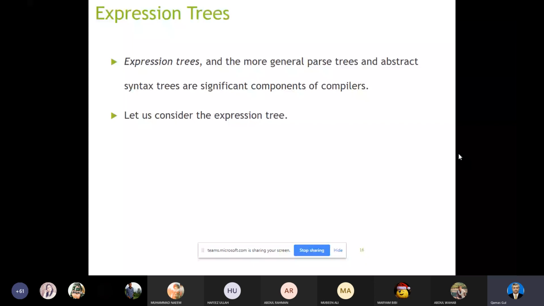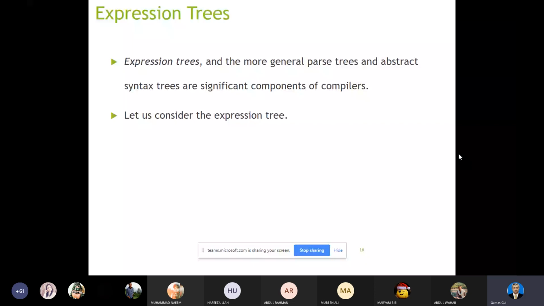So any programming language needs a compiler to convert your understandable program into a machine understandable program. For this purpose, the compiler uses different components.